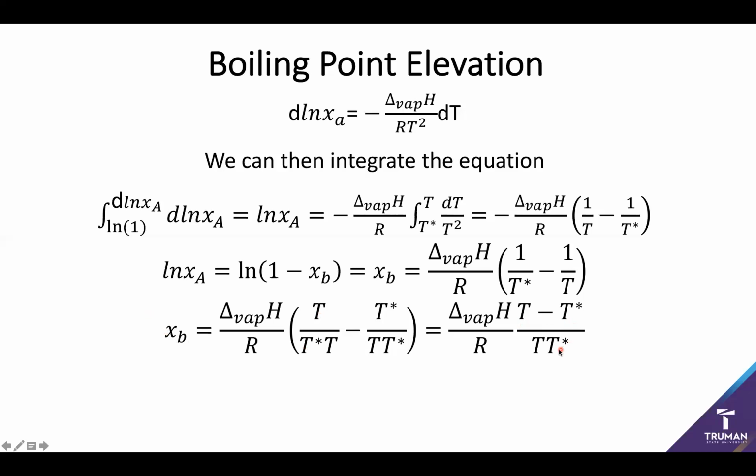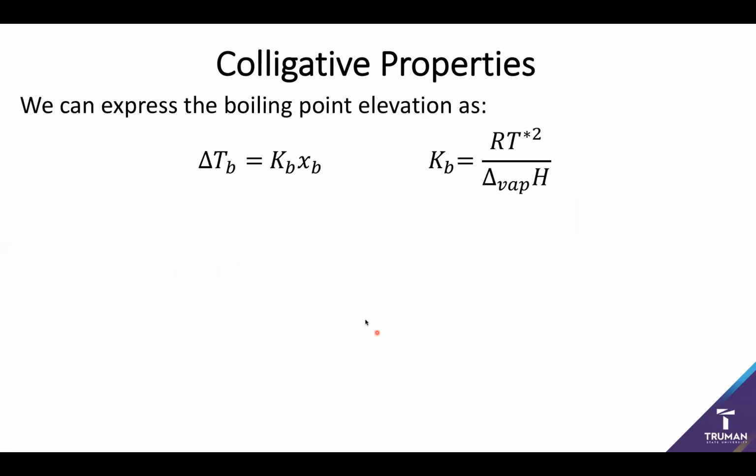So in that case, since I already know the boiling point of my pure system, I can say that these two are close enough. I can treat this term as the boiling point of my pure solvent squared, and then the top term just becomes the difference in boiling points. So this is often slightly rearranged and expressed as a boiling point elevation equation.